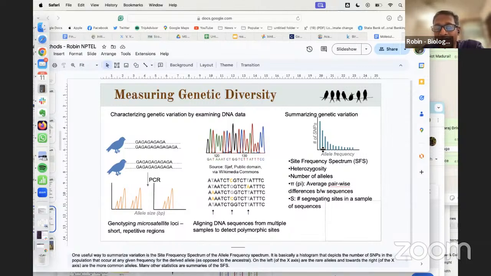So you have the rare alleles which are not very frequent, and then some alleles which are common. So if you have a lot of rare alleles, then that means that there is some gene flow effect or something like that. So site frequency spectrum is one of the basic things from which a lot of these calculations are made.